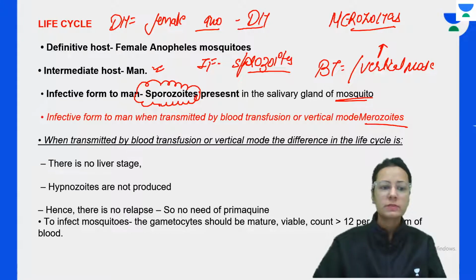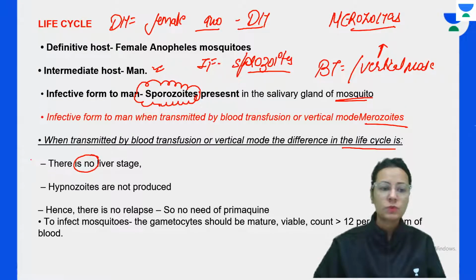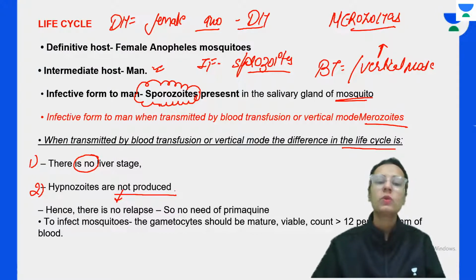When transmitted by vertical transmission or blood transfusion, the difference in the life cycle is that there is no liver stage and hypnozoites are not produced. Since hypnozoites are not produced, there is no relapse, and therefore no need of primaquine.